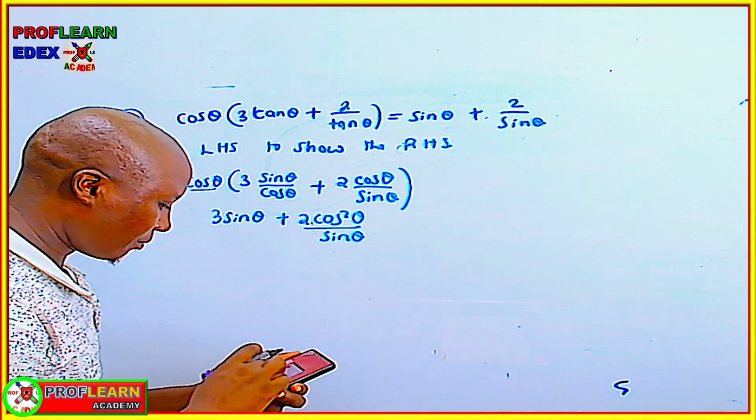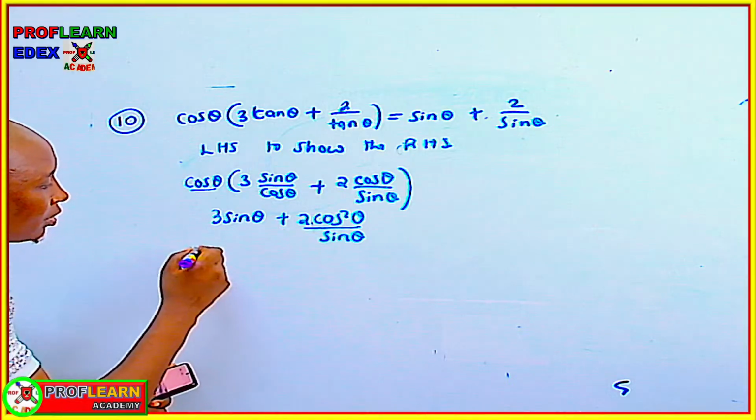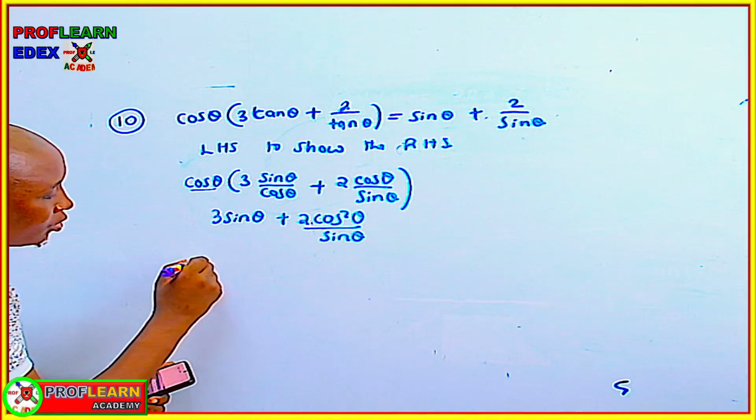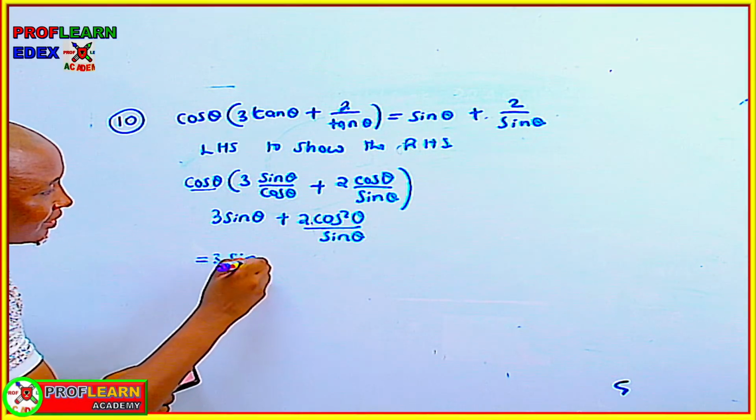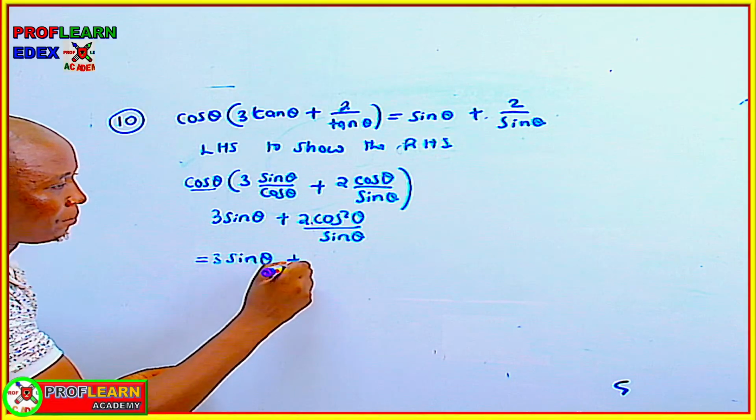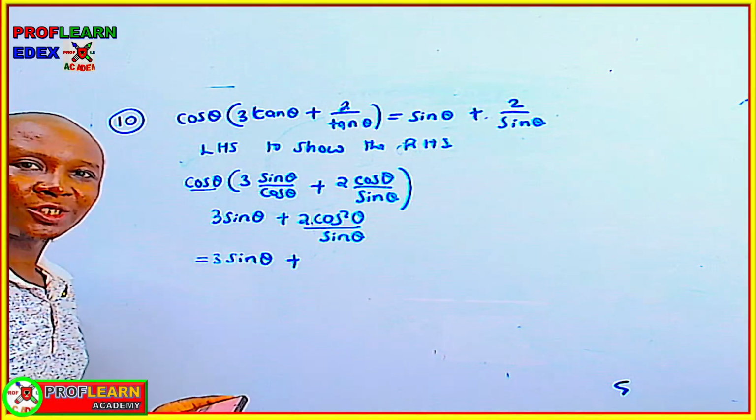So, moving to the question. This is going to reduce to 3 sin theta plus... how can I write cos squared theta?